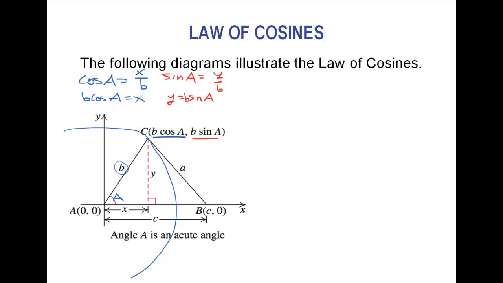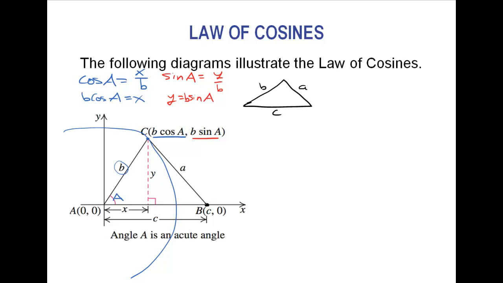We also need to recognize that this point here, B, is just some distance C from the origin, right? If you put the triangle up here where you can see it without the axes, this distance is A, this distance is B, and this distance is C.